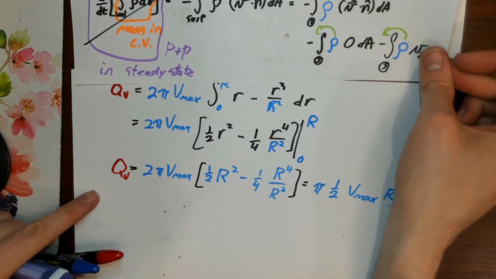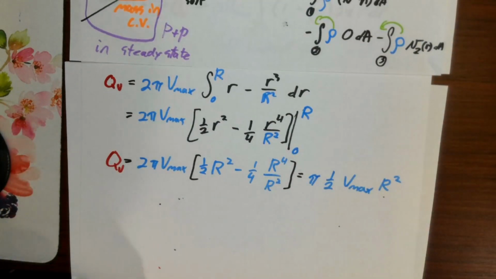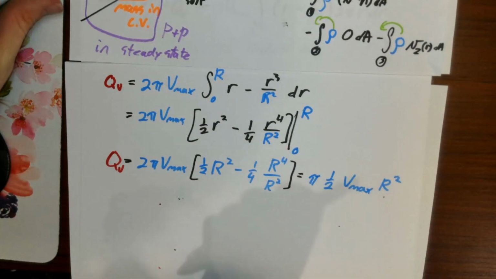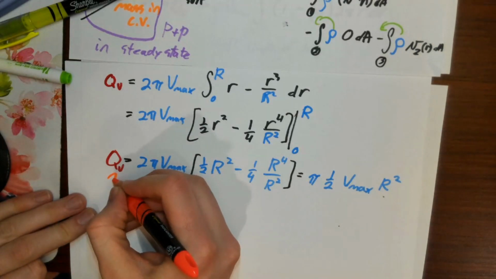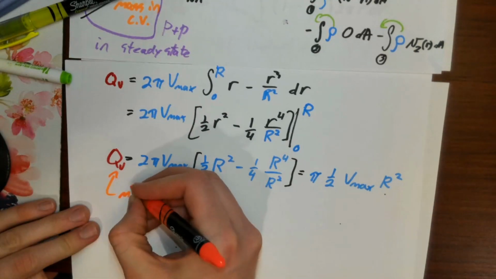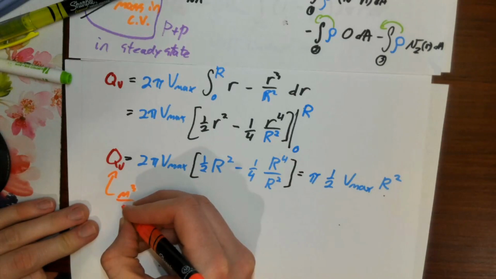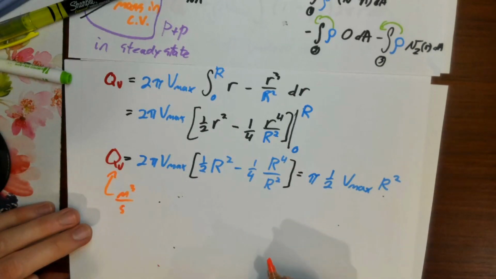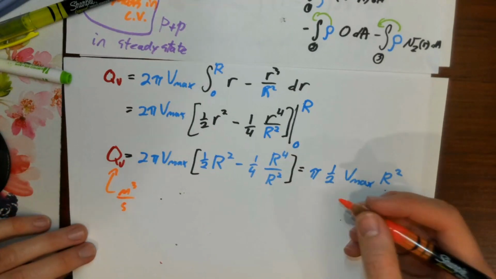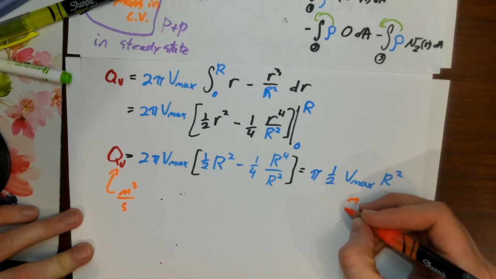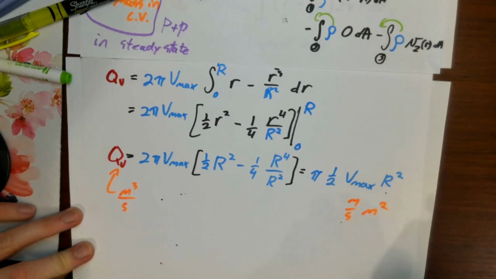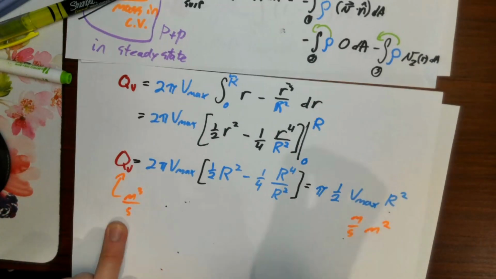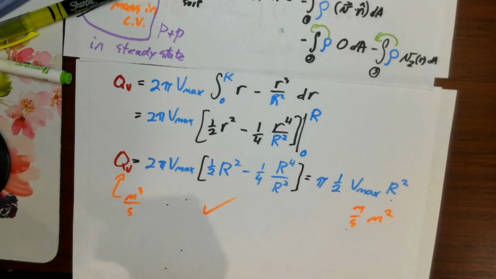If you remember, what checks are sensible checks to do? Well, we like to check for units, right? So if I think about units, volumetric flow rate has to have units of meters cubed per second. Pi and 1/2 don't have units. V max is meters per second, and R squared would be meters squared. So the units, check. That's good.